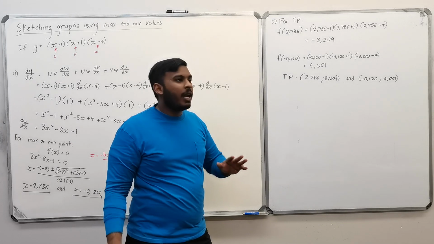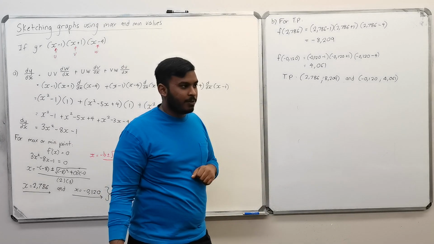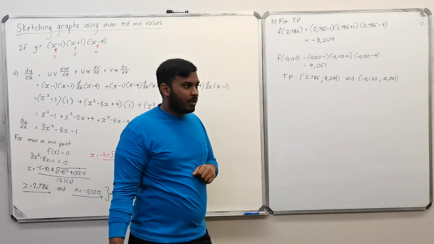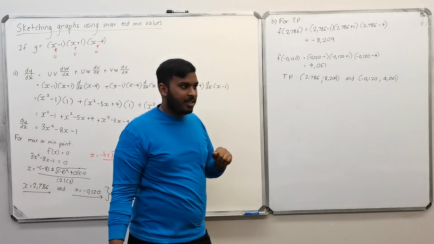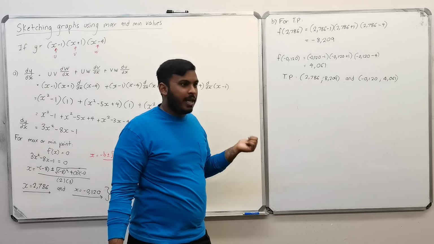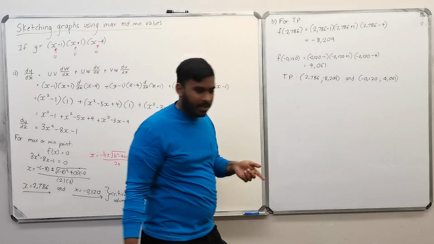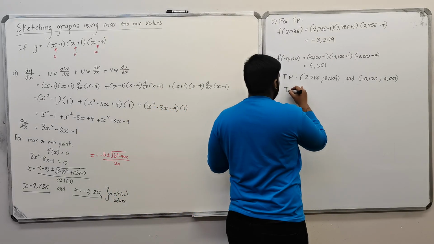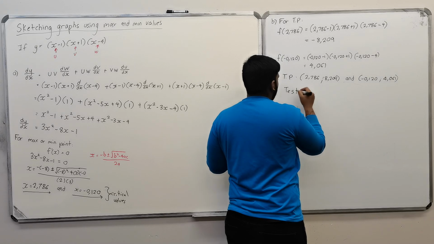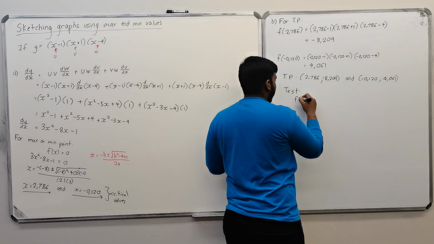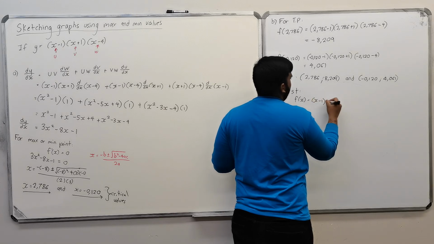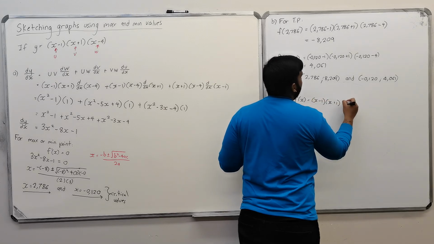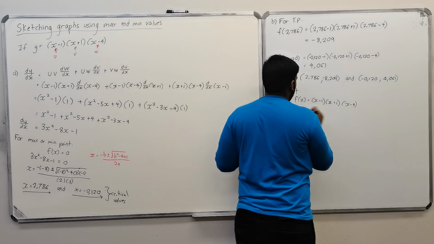Yes. Okay. How do we know which is our maximum and minimum turning point? Test. How do you do the test? Second derivative. If it's greater than 0, it's a minimum, and if it's less than 0, it's a maximum. Okay. So for your test, you're going to work out your second derivative. f of x was equal to x minus 1, x plus 1, x minus 4.